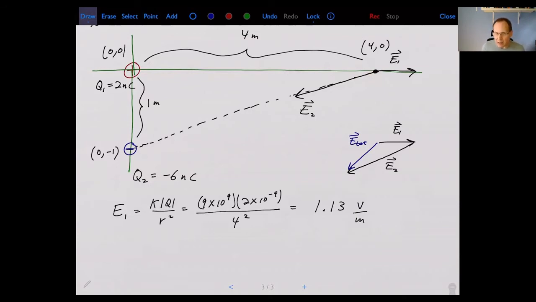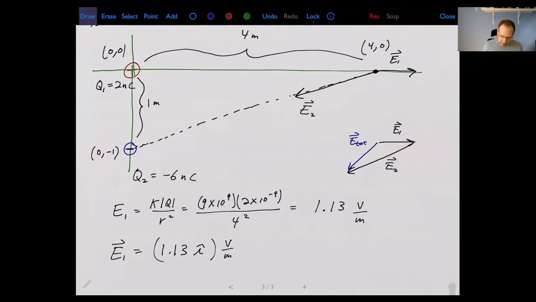So the vector E1, we know it points along the positive x direction. So the vector E1 is going to be 1.13 i hat, volts per meter.